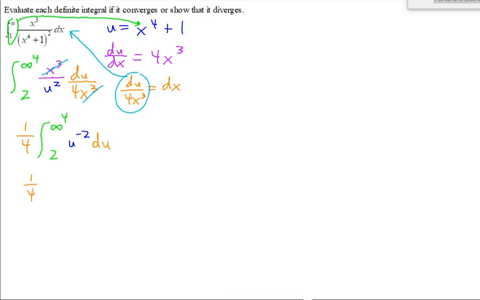When you integrate u to the negative 2, you get u to the negative 1 over negative 1, from 2 to infinity to the 4th. You can pull out the negative 1 times 1/4 gives you negative 1/4. And then what you're left with inside is just 1 over u.